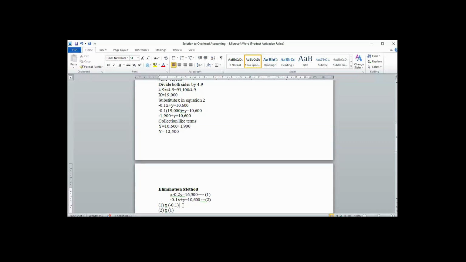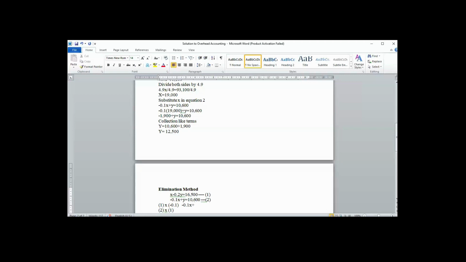Minus 0.1 times x gives minus 0.1x. Is it clear? Yes. Now, minus 0.1 times minus 0.2y: minus times minus is plus.